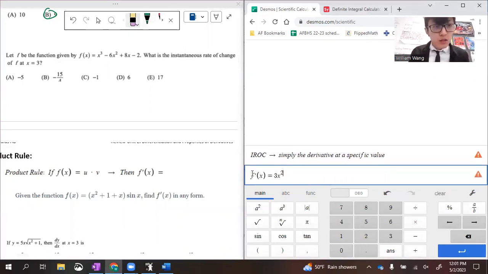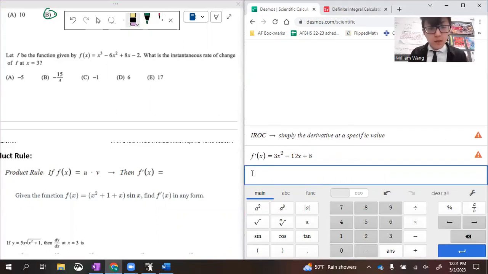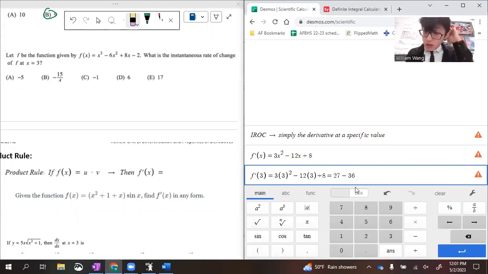The derivative is 3x squared minus 12x plus 8. I plug in 3. So that's 3 times 3 squared minus 12 times 3 plus 8. I solve for that. So it's 27 minus 36, so I believe that's negative 9 plus 8. So that's negative 1. All right, my answer choice is C.